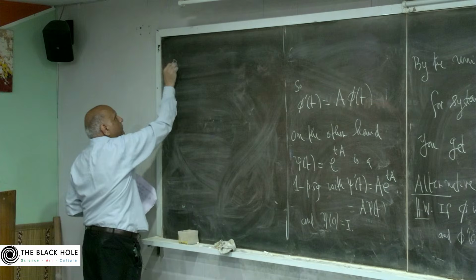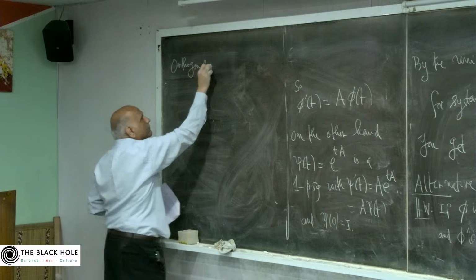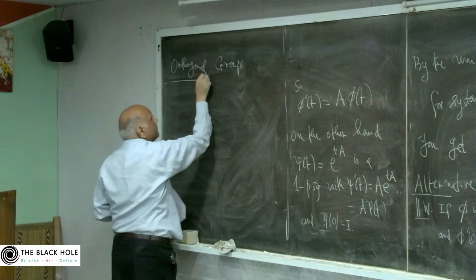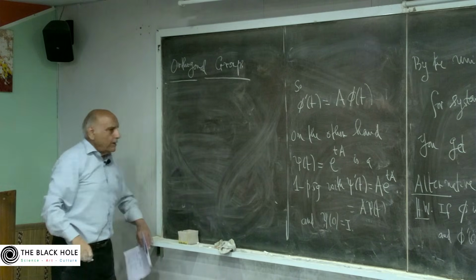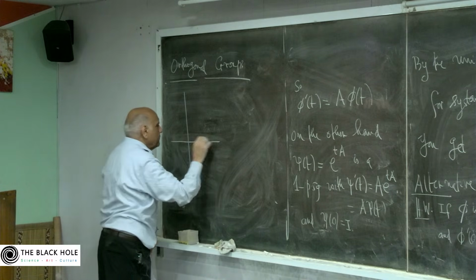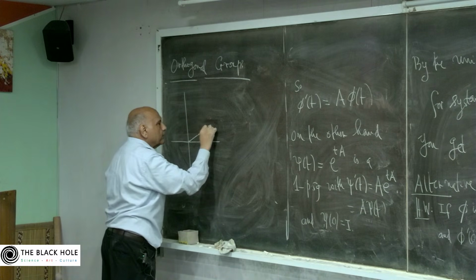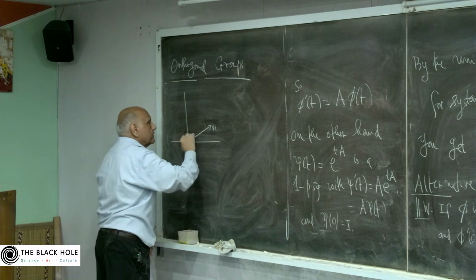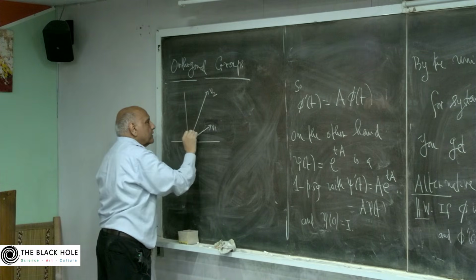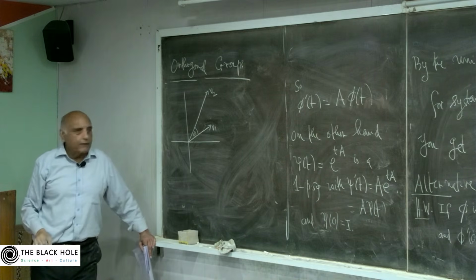Now this is orthogonal groups. See, if I give you two vectors, this is V1 and this is V2, and the angle between them is theta.